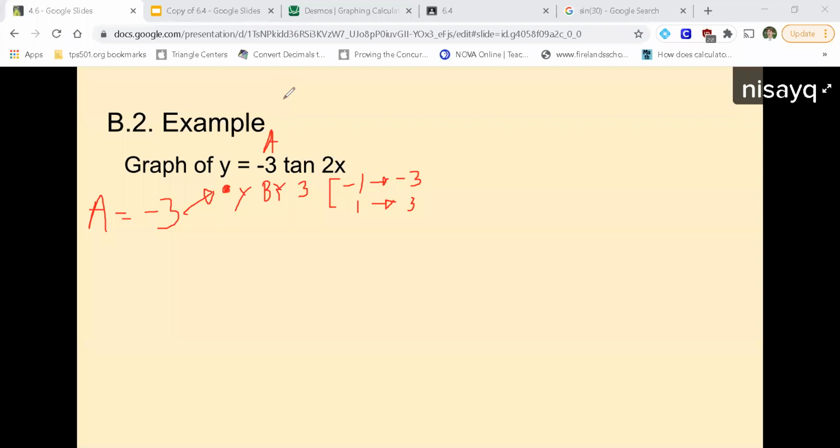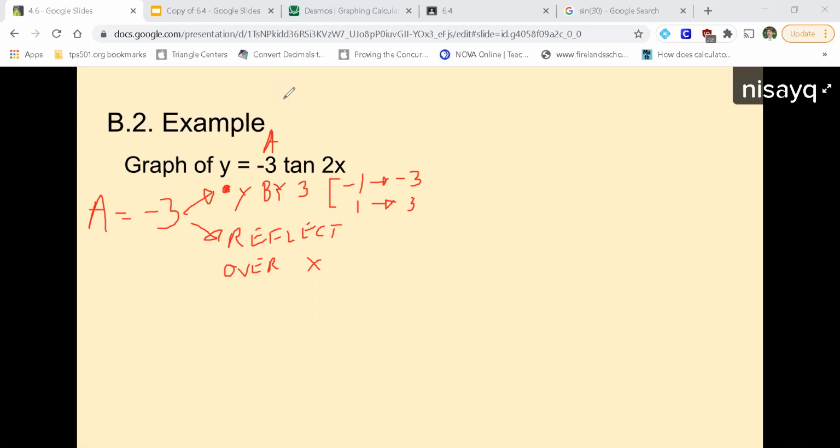The second thing our A value tells us is because it's negative, that means we're going to reflect our graph over the x-axis. But again, that's actually not going to have as big of impact as it did for sine and cosine, because an asymptote flipped over the x-axis is still an asymptote. 0 flipped over the x-axis is still 0.